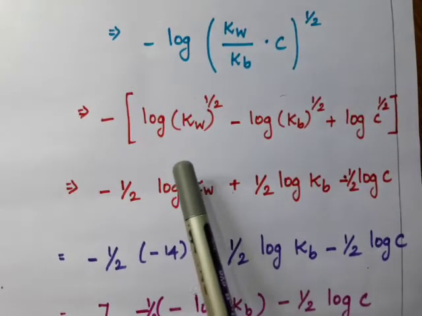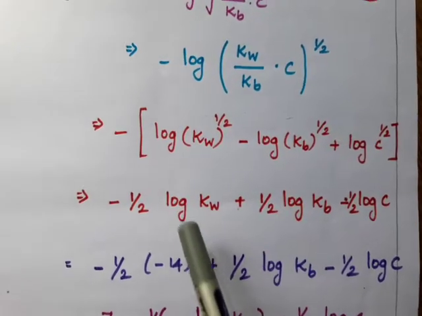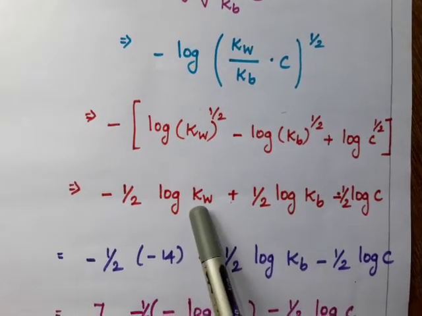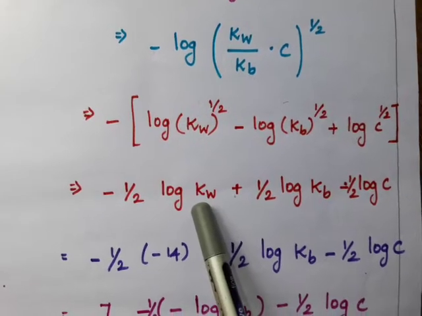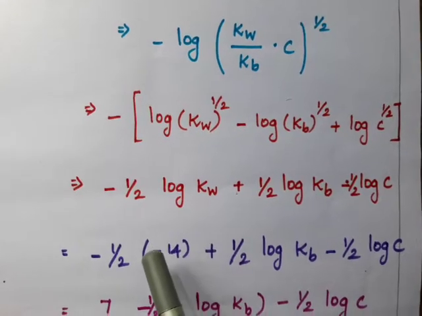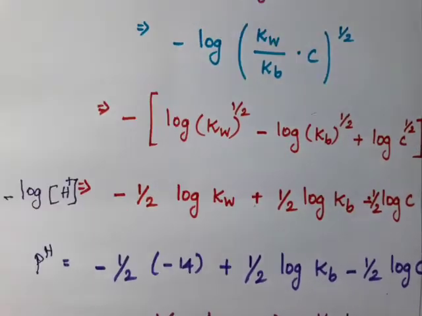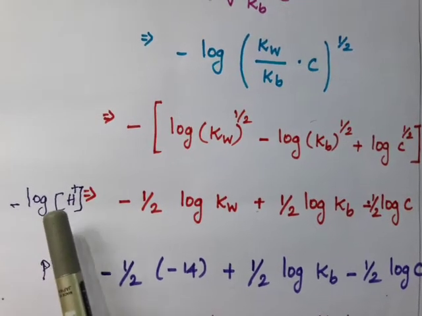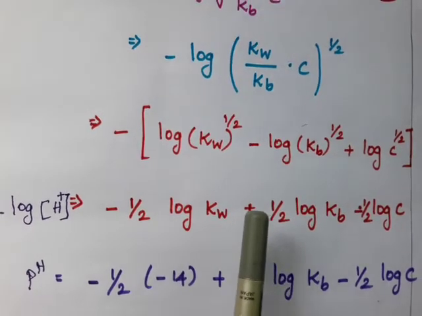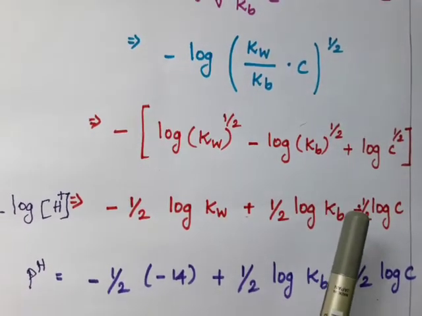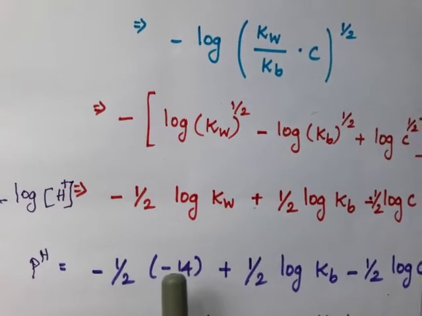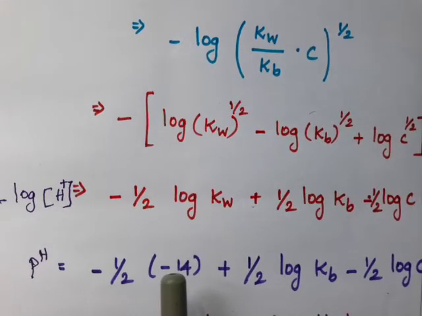We have already seen how this log Kw becomes minus 14. I hope you all know Kw value is equal to 1 into 10 to the power minus 14. So this log Kw value will be equal to minus 14. So minus log of H plus is equal to minus half log Kw plus half log Kb minus half log C. As we know that log Kw value is minus 14, let me substitute this.